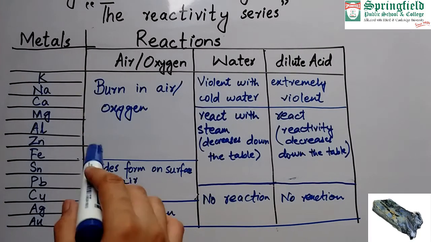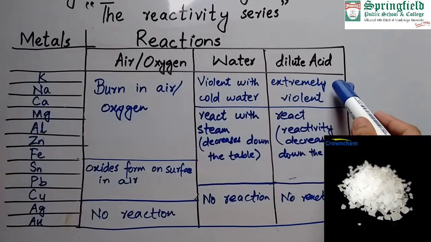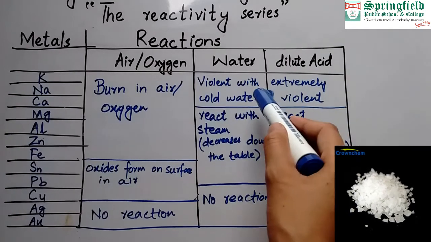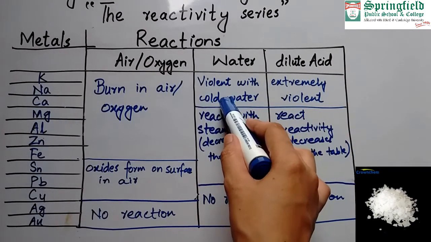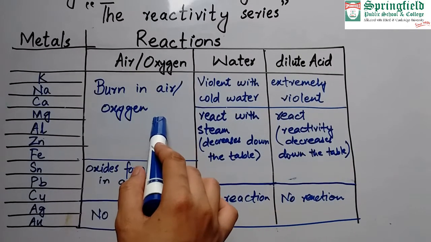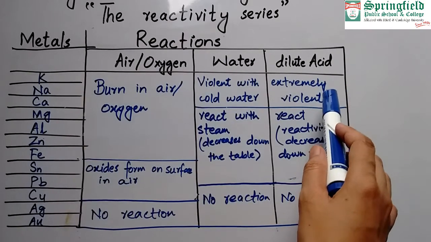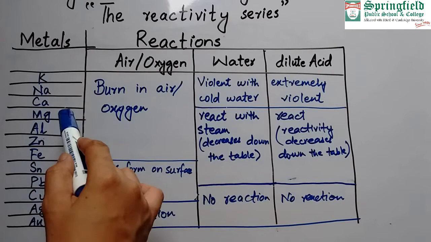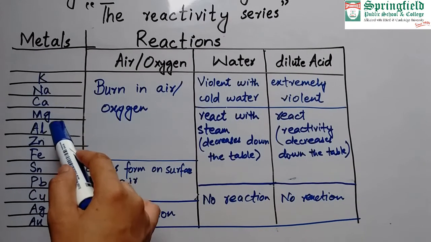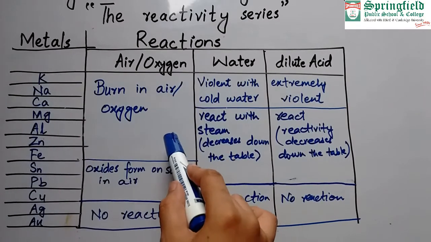Now you can see that these three metals are extremely violent in acid. They are violent with cold water, and they also burn in air and oxygen. It means that they react with all three substances. Then see the other metals: magnesium, aluminium, zinc, iron. Along with these three, they burn in air.